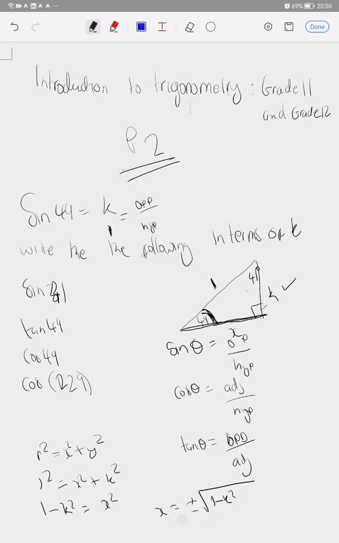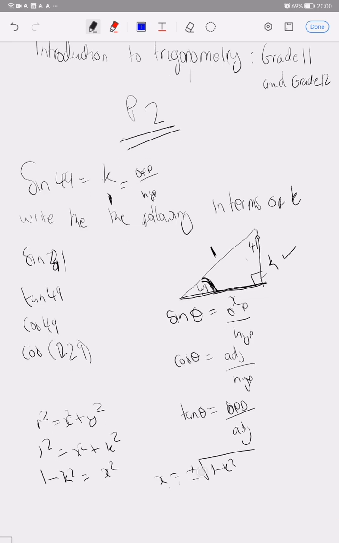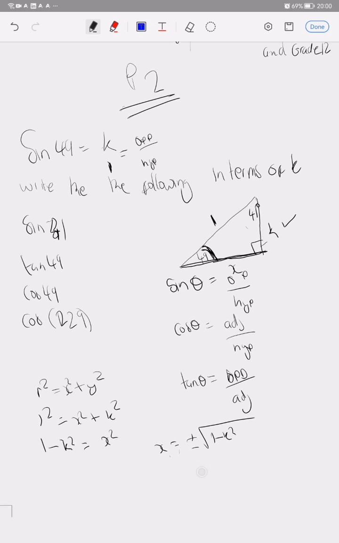All right, one thing that you should know is that your answer should always be positive when you are dealing with a Cartesian plane problem. So I'm having x is equal to a positive square root of 1 minus k squared.